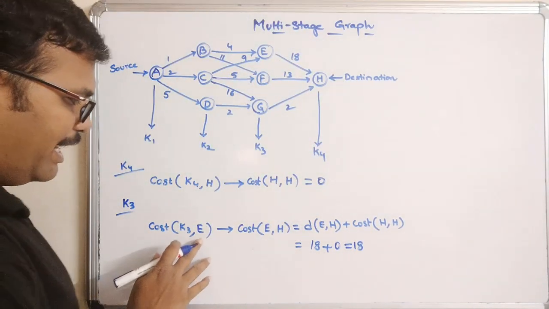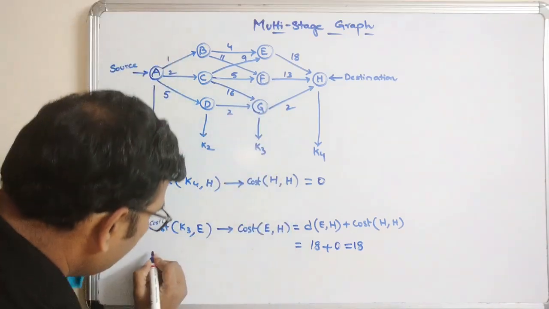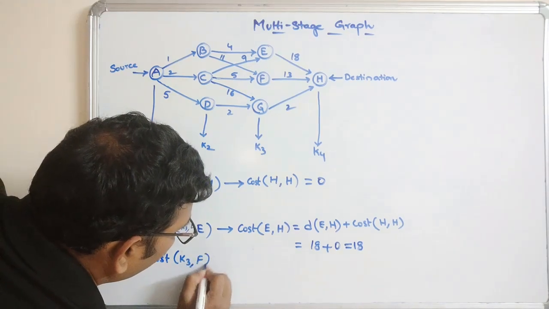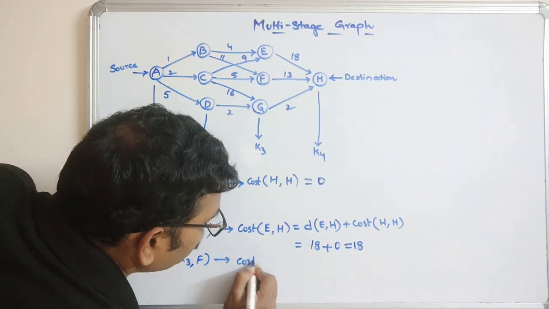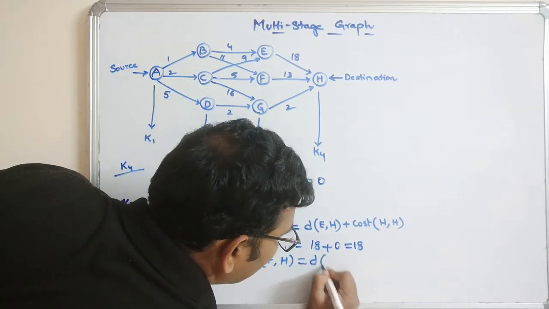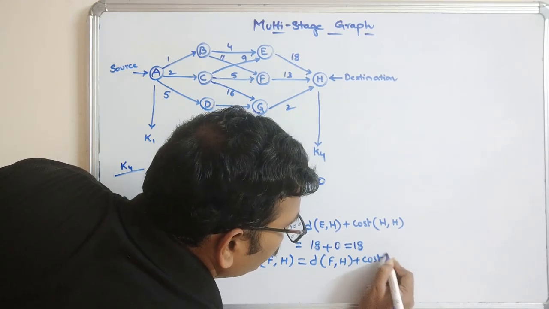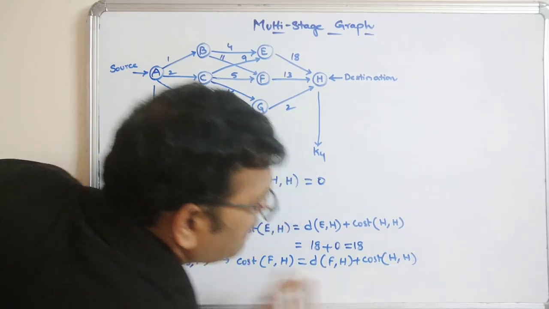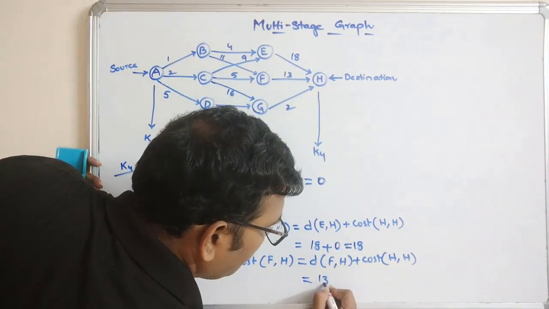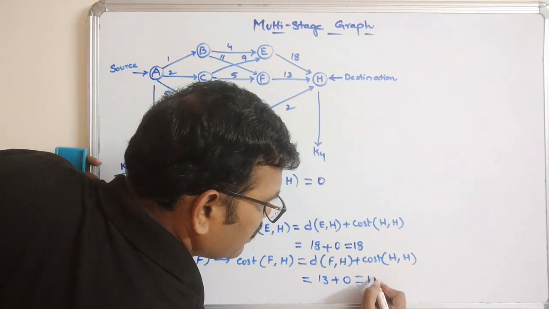So is there any vertex in K3? Yes, F is there. So once again cost of K3 comma F, which means cost of F to destination is equal to the distance from F to H plus the cost of H to H. What is the distance of F to H? 13 plus cost of H to H, it's 0, which is 13.